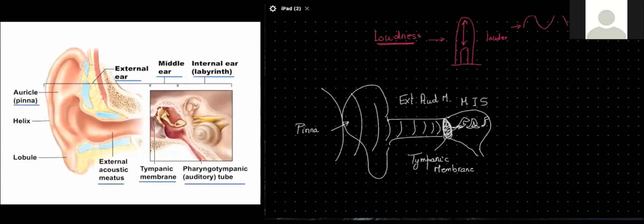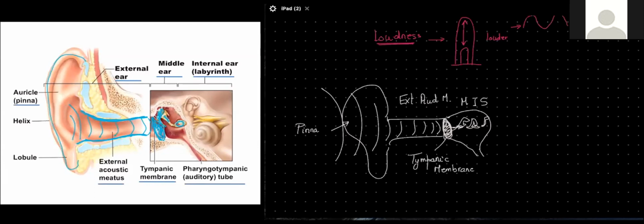So we're looking here, external ear is going to be formed by the ear pinna or auricle, external auditory meatus or external canal, and the sound waves collected from the external auditory meatus will be allowing the vibration of the tympanic membrane or the eardrum. The vibration of the eardrum is going to be transmitted to three tiny bones in the middle ear. Those are my malleus, incus, and stapes.